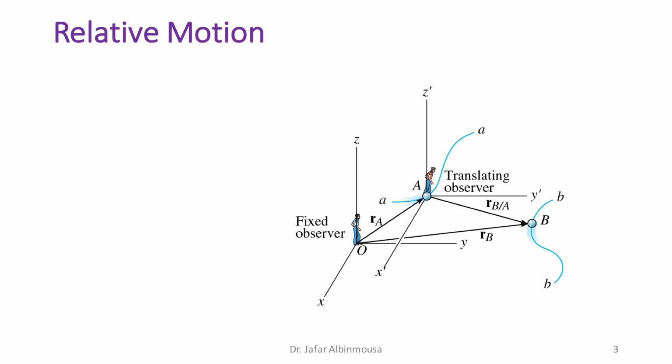So, in summary, the position RB as a vector is equal to the position of A plus the position of B relative to A. It is a vector notation, and all we did is add vectors in a simple way.